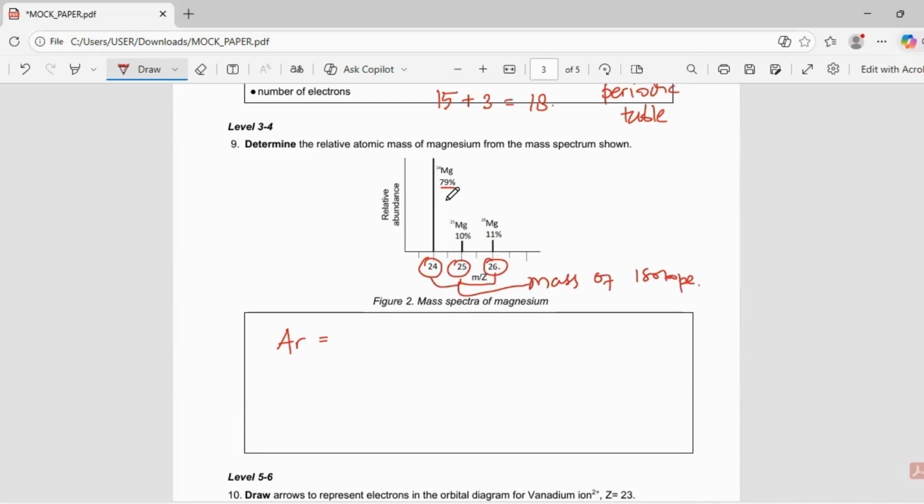And what are 79, 10, and 11 here? These three are the abundance. What is abundance? Abundance is the percentage occurrence, how many of that isotope in the sample.